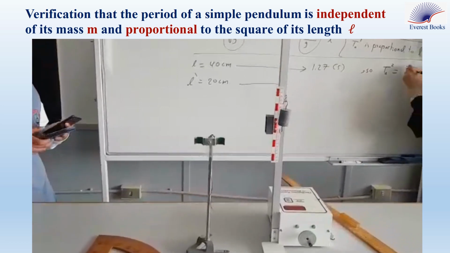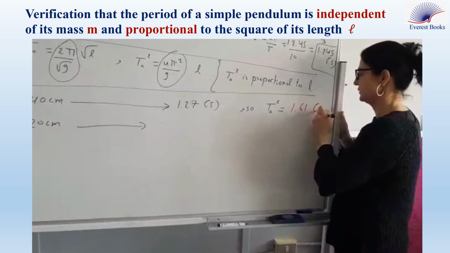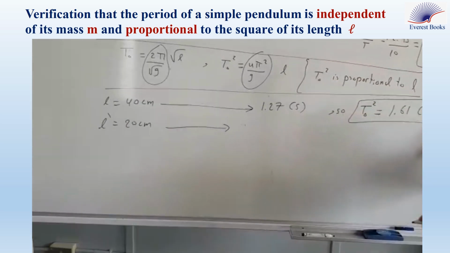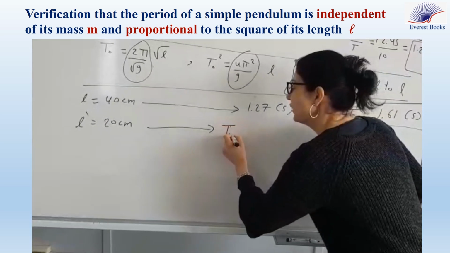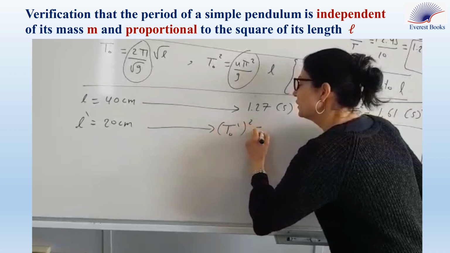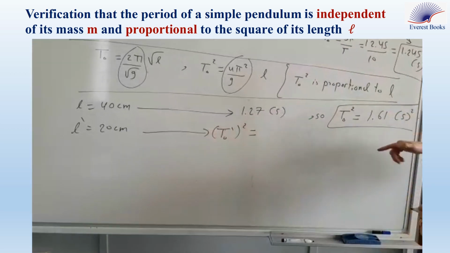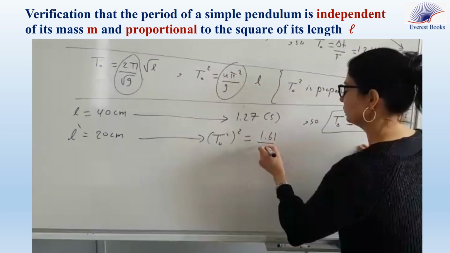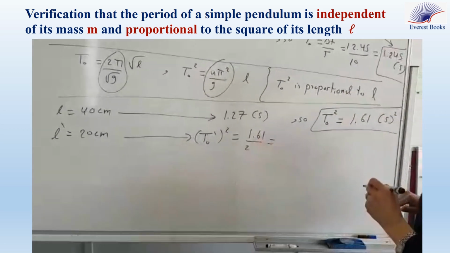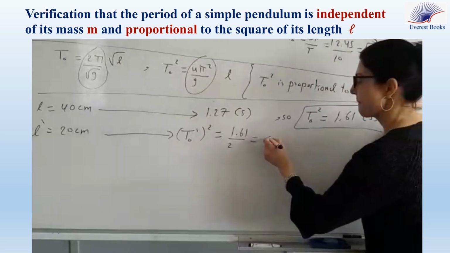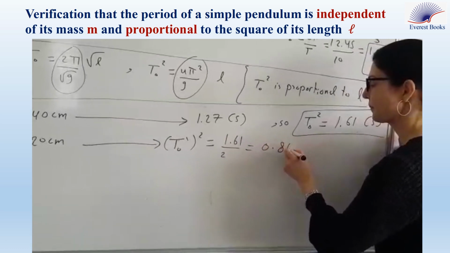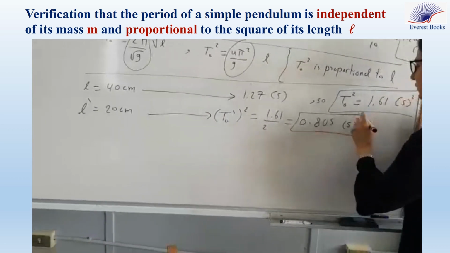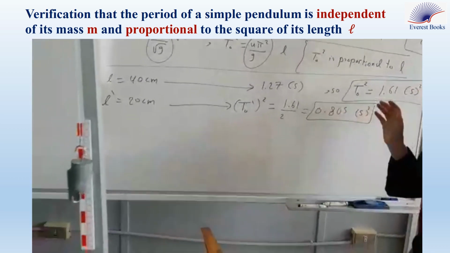It's 1.61 seconds squared. Now, the square of the new period must be half the initial value. So, divide the answer by 2, please. It's 0.805. Okay. So, you need to get this value experimentally.